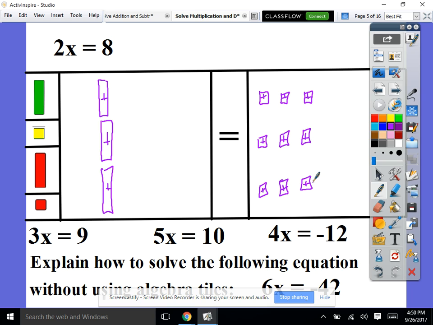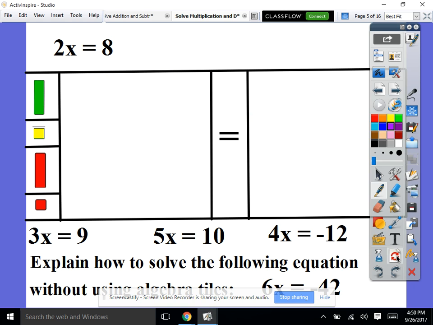So if 3x equals 9, then 1x equals 3. 5x, we would divide into 5 groups, and each group would have, if 5x equals 10, then 5 times 2 equals 10. If 4x equals negative 12, well, let's do this.